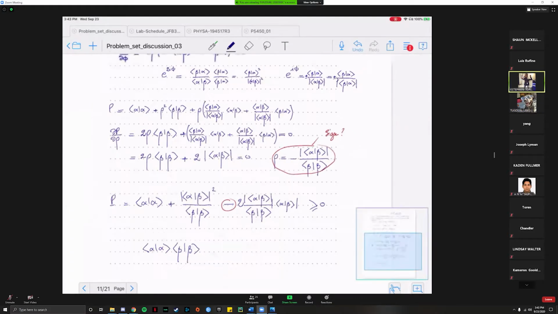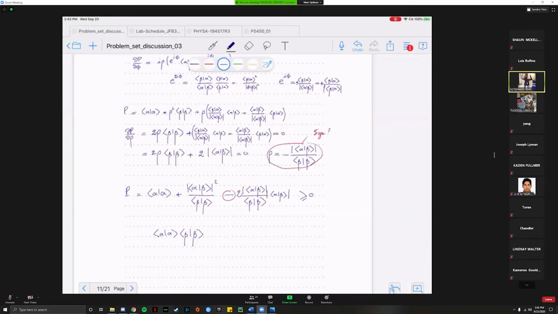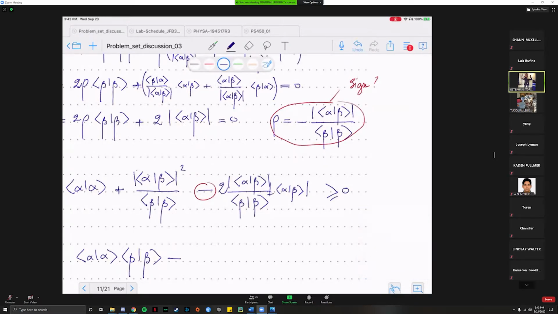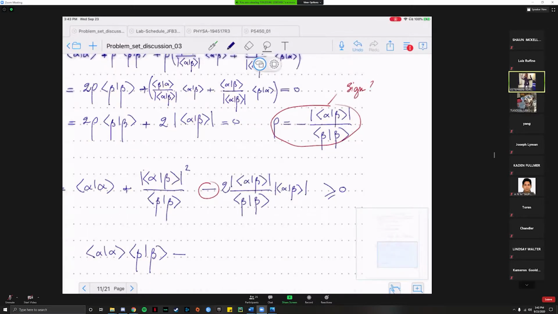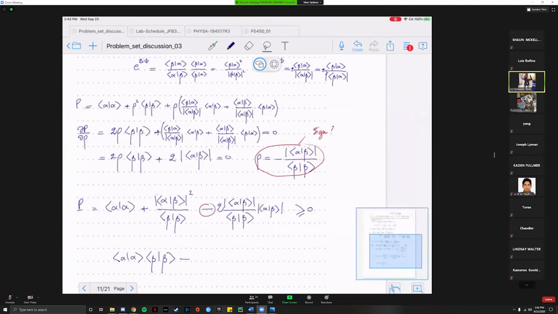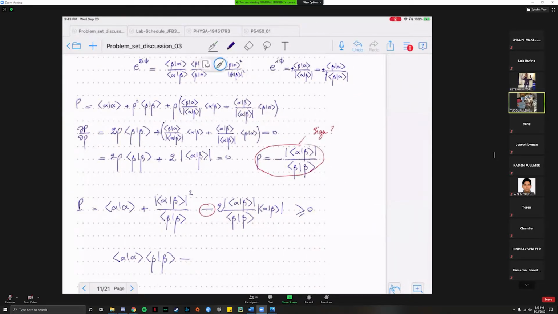I had a question regarding this step. Let's say you have the magnitude of alpha beta, and you're multiplying it by another fraction with the magnitude of alpha beta, they don't just cancel, right? You're questioning that?